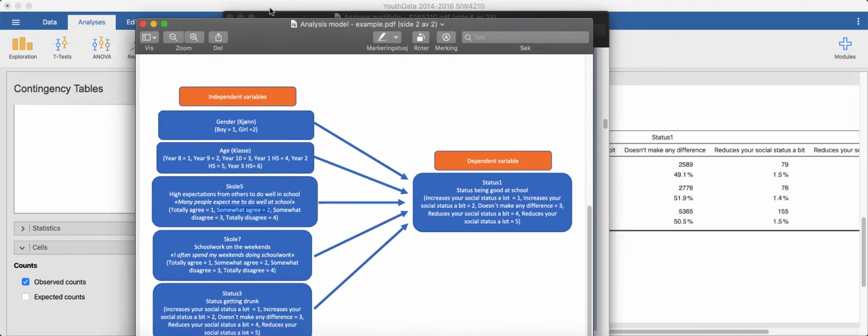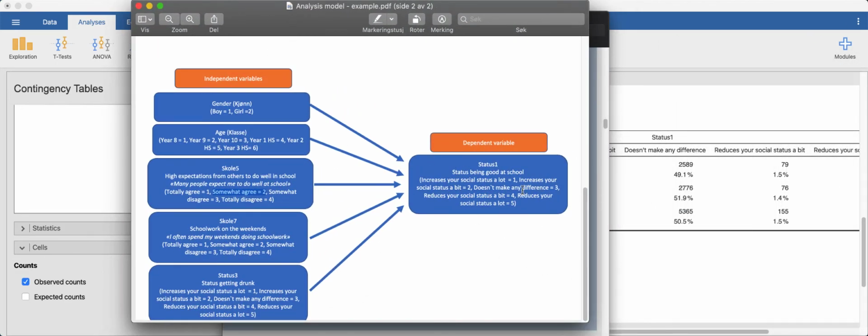So in my example, I would be discussing: is this a good way of measuring the status of being good at school, or should I use other questions, include more questions? Are there other ways of measuring this social phenomenon? And what are the qualities of this question?